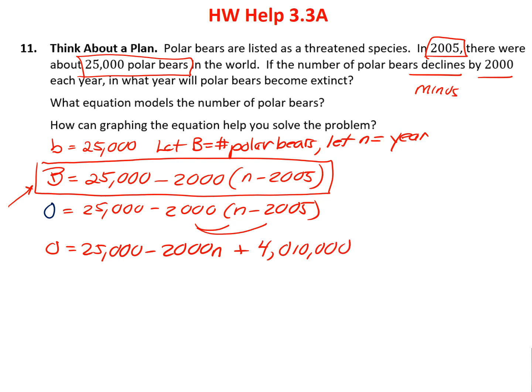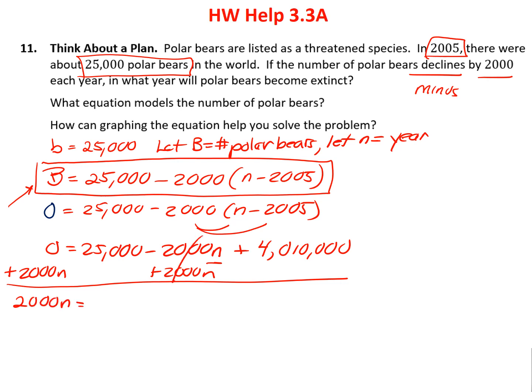Okay? So now we're solving for n here, so let's get the n on the other side. So I'm going to add 2,000 n to that side and 2,000 n to this side. So I end up with 2,000 n. This will go away, and let's go ahead and add these while we're at it. So 25,000 plus 4,010,000 ends up being 4,035,000.